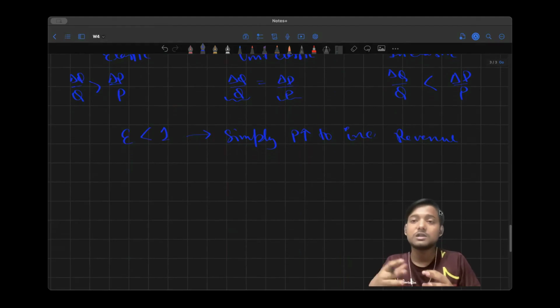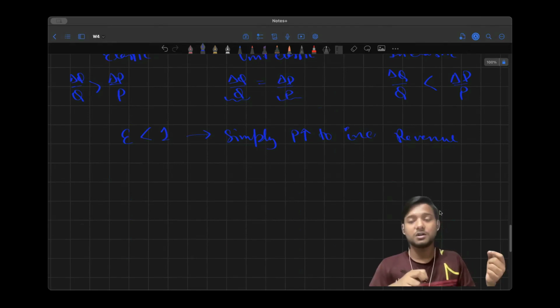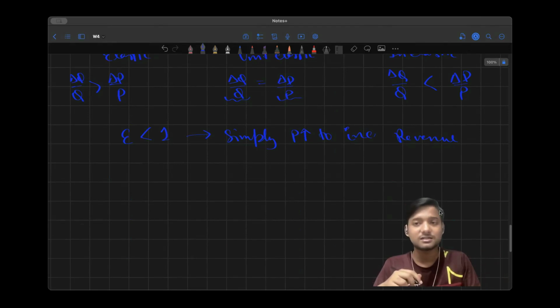Therefore, elasticity is going to be less than 1, and you can regulate that price, you will increase it. If you, let's say, increase it by 20%, your drop in demand would for sure be less than 20%. Why? Because elasticity is less than 1, or you can say my delta Q by Q is less than delta P by P. So if the percentage increase in price is 20%, then for sure the percentage decrease in quantity is going to be less than 20%.